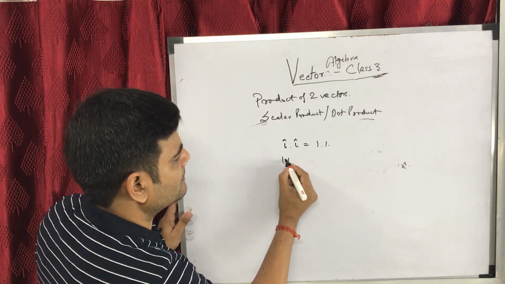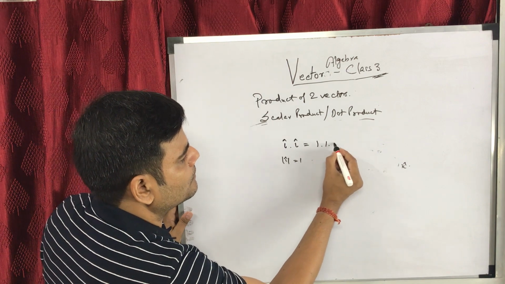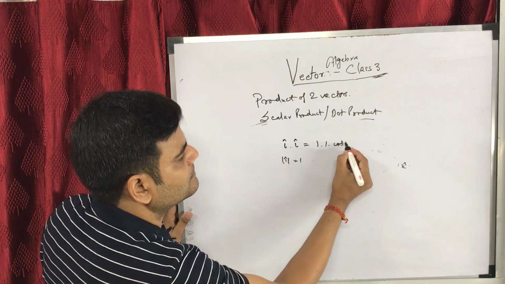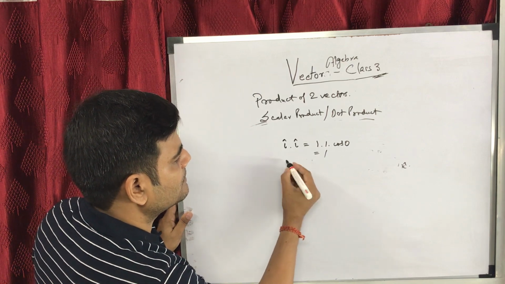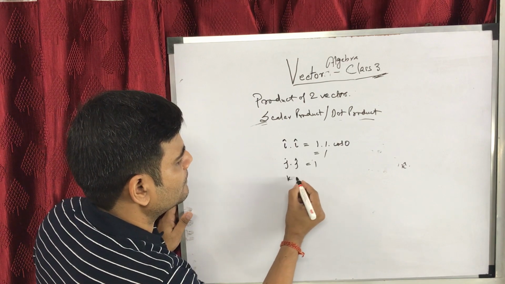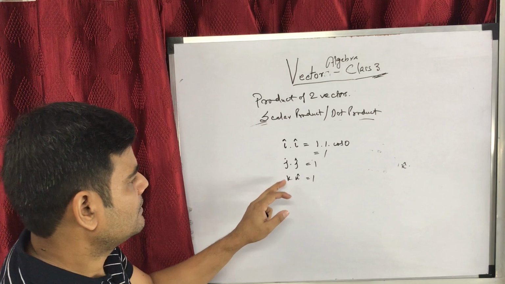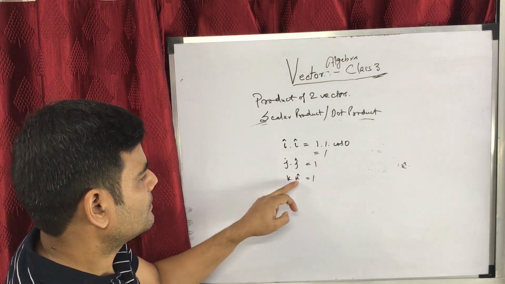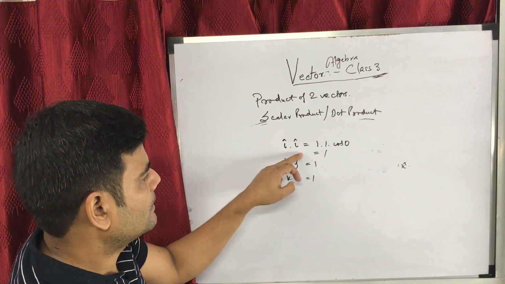Modulus of I is 1, and the angle between I and I is 0, so cos is 1. So I dot I is 1. Similarly, J dot J equals 1, and K dot K equals 1.